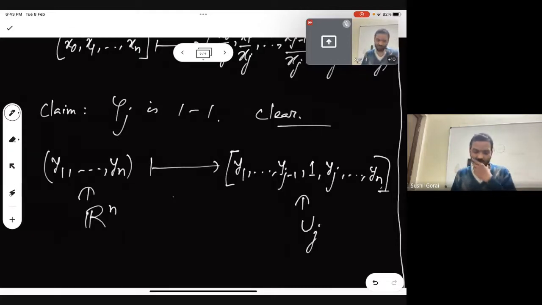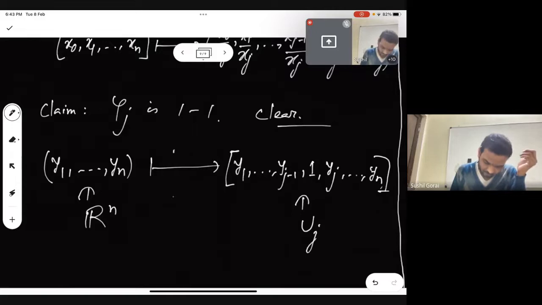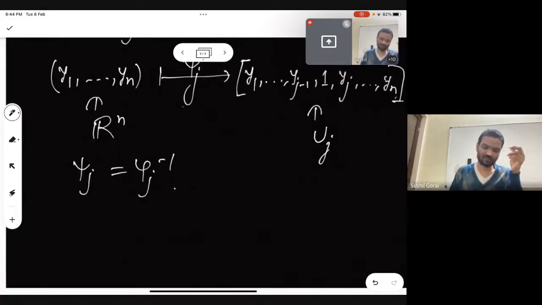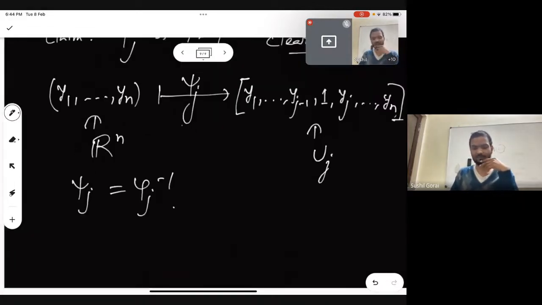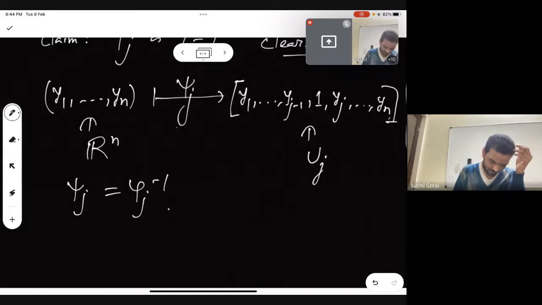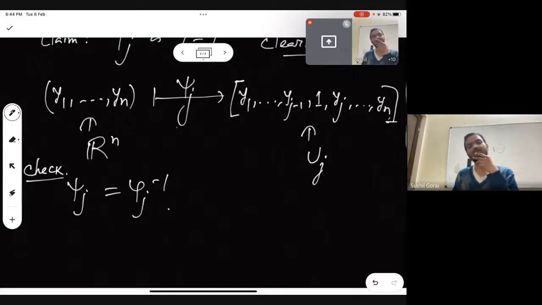Call this psi j. So psi j is phi j inverse. It's clear. This is for you to check, that psi j is phi j inverse.